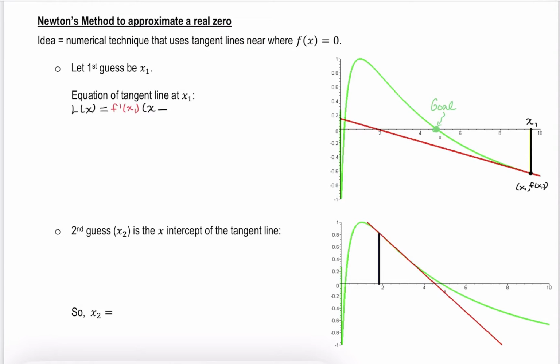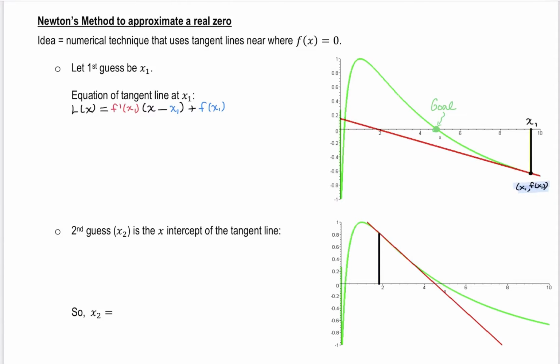So this is our x1, f of x1 point. So x minus x1, close parentheses, and plus f of x sub 1. It's just like adding that y coordinate over. So that was our linearization.